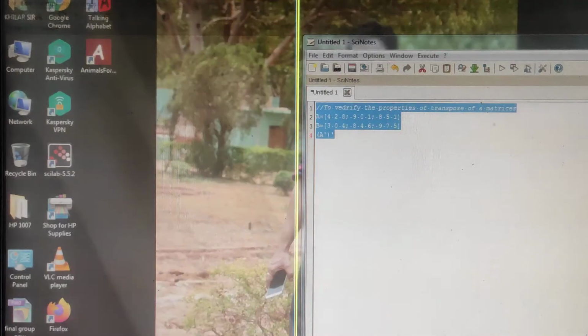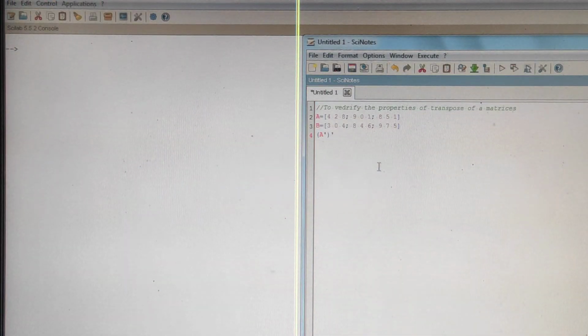Clear? Then let us see the second property. The second property is A plus B whole transpose must be equal to A transpose plus B transpose. I have written A plus B whole transpose, and here A transpose plus B transpose.